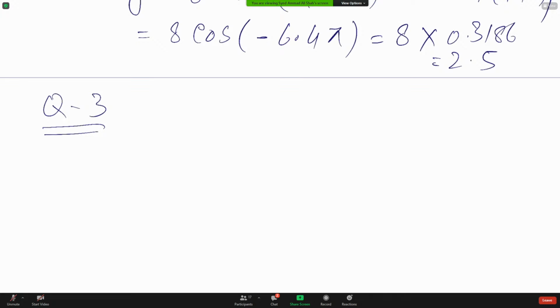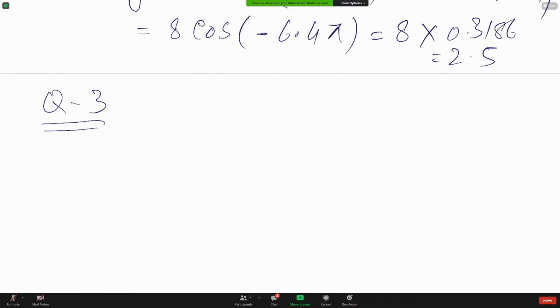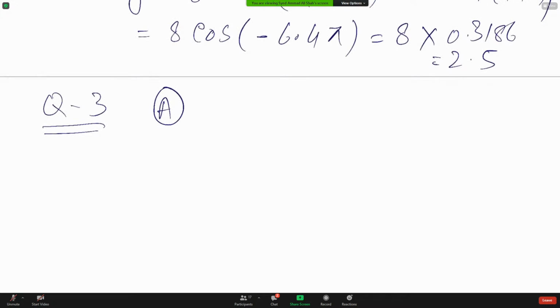Let's say part A says find, for 820 nanometers.